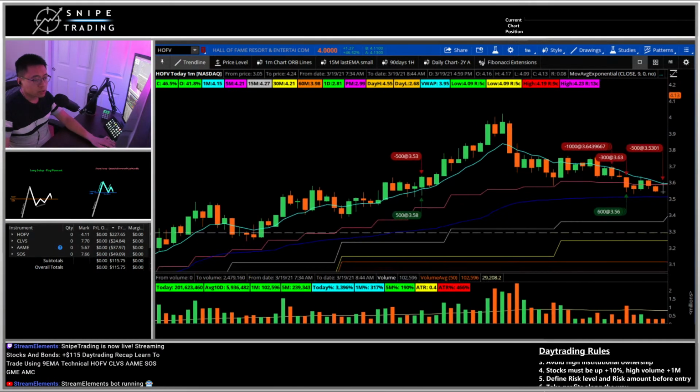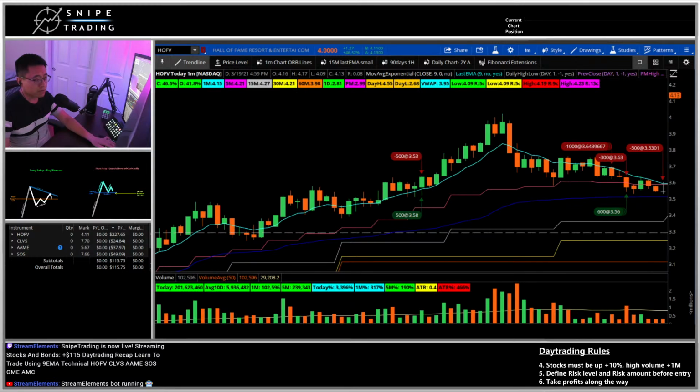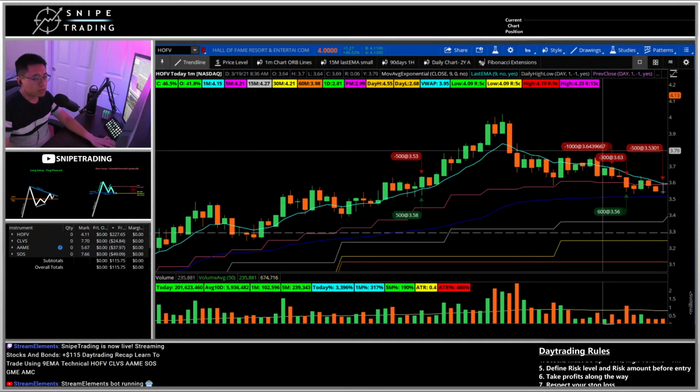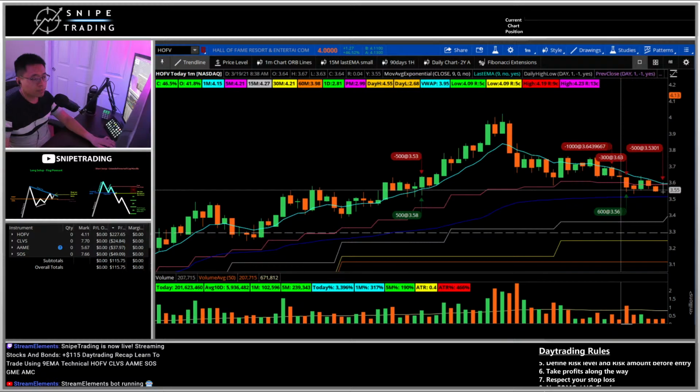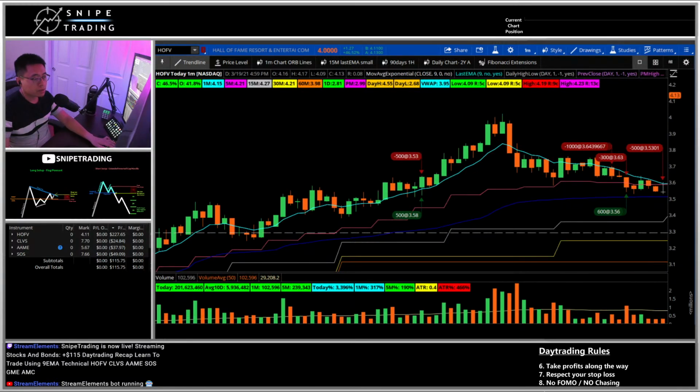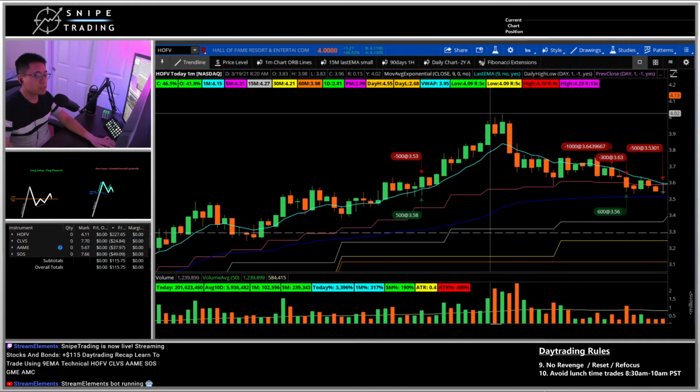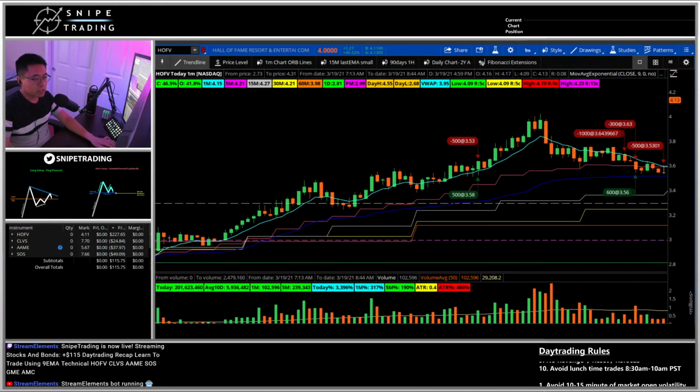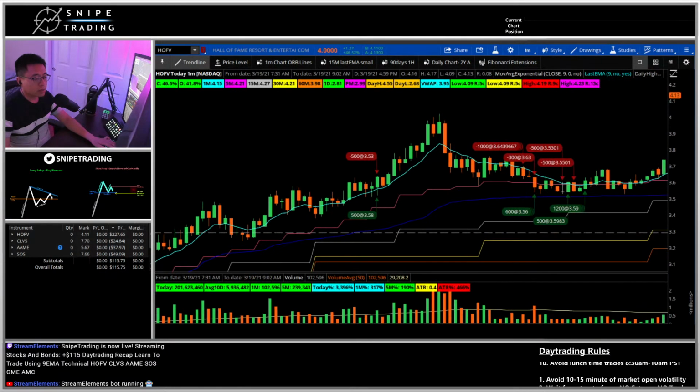Then I did another short here. This is the 5-minute. If you look at the 5-minute in this candle, there was an inverted cup and handle, but it didn't go too far because it hit VWAP right beneath it. That's the danger of shorting right near VWAP.